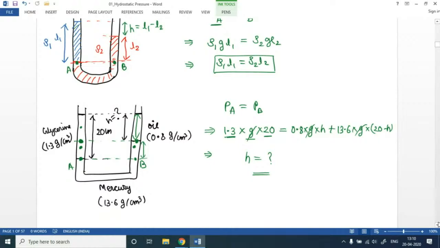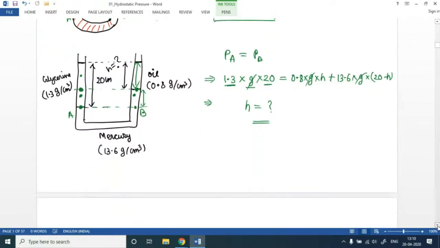Okay, so these were some problems of this topic. And now let's discuss one more concept, which is something called Pascal's law.